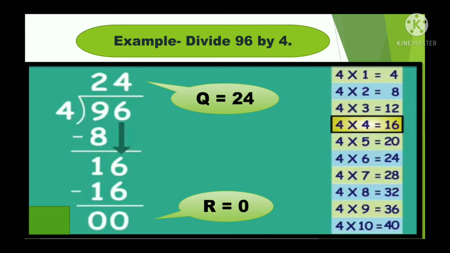So we take it from the table and write it down below 16. After that we again do the subtraction. After subtracting we get 0 as the remainder, and we get the quotient as 24.